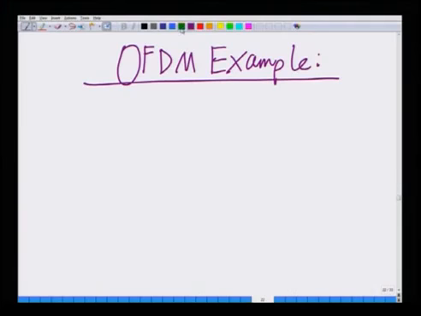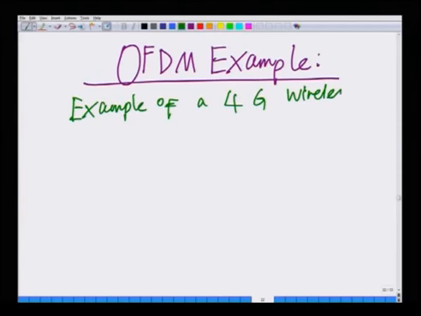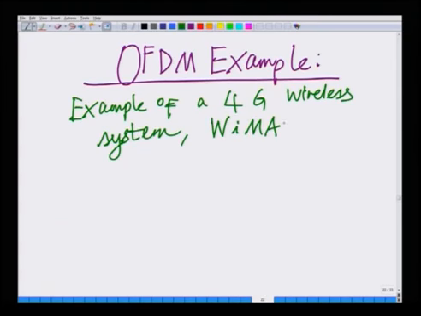So let us consider an example of a 4G wireless system. In fact, I am going to consider WiMAX. As we already said, WiMAX is a 4G wireless standard.